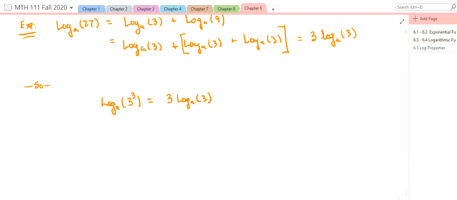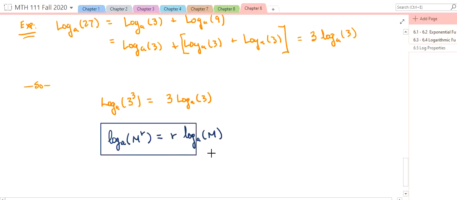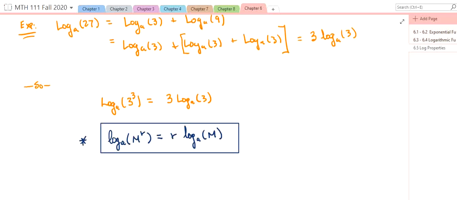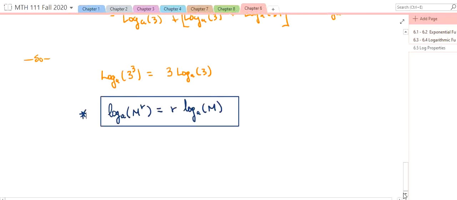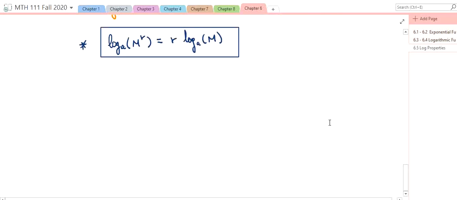If I write this in a more general sense, log base a of some base raised to the power r equals r times log base a of that base. This is another very important log property, I'll put a star by it, because you use this to simplify the relationships you're working on.